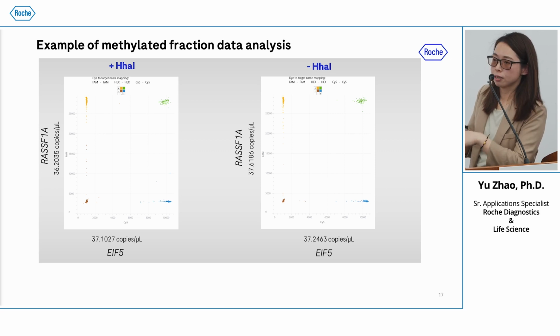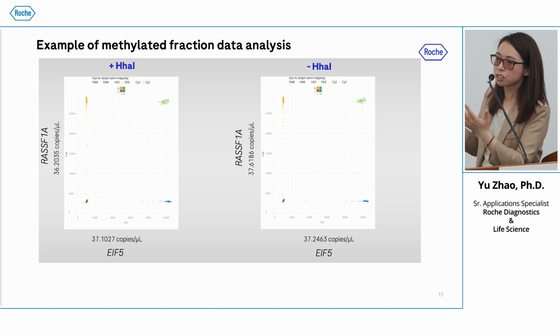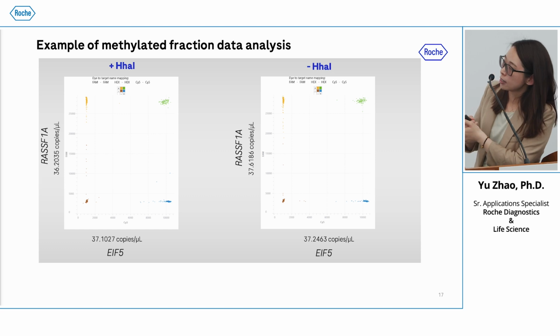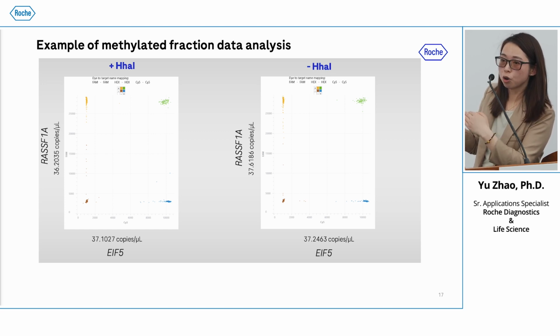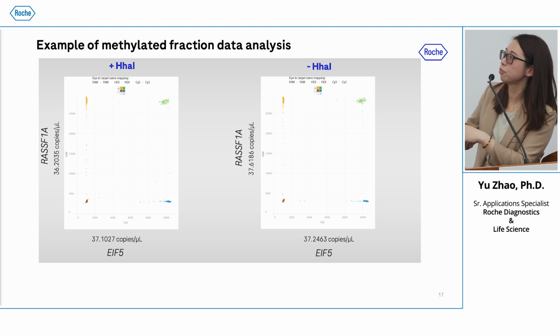The next question: how do we calculate the methylation fraction? Here is an example: 2D clustering from the target gene and input correction control, both before and after enzyme digestion. First step, calculate the ratio between the target gene and the reference gene.